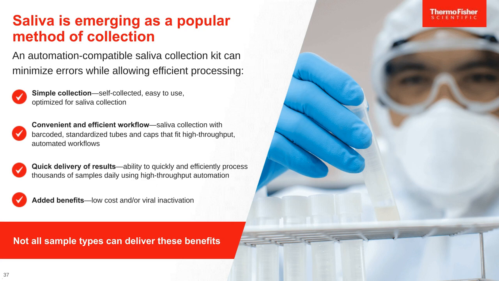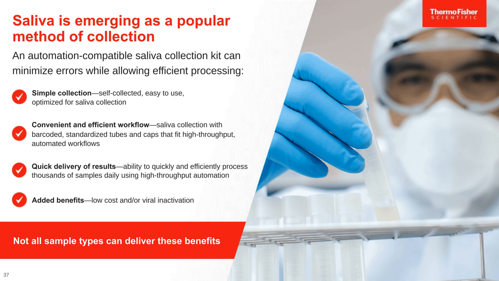So in addition to simple collection, saliva also fits very nicely into an automated workflow. The collection tubes are barcoded and in standardized sizes, and so function in liquid handling as well as cappers and decappers. They also allow quick delivery of results, being an easily accessible and easily processed sample.